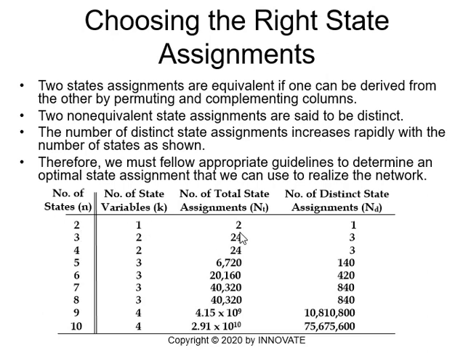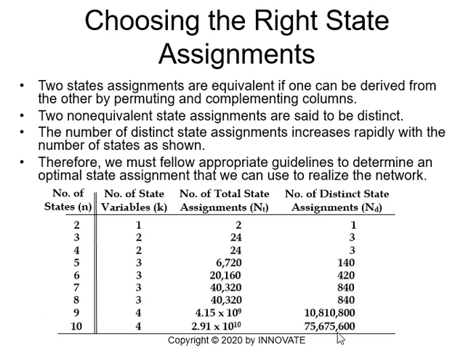I have 2 total and 1 distinct. However, if I have a 3-state machine, I need 2 flip-flops, and I will have 24 total and 3 distinct. If I have 6 states, I will have 3 flip-flops, 20,160 total and 420 distinct.